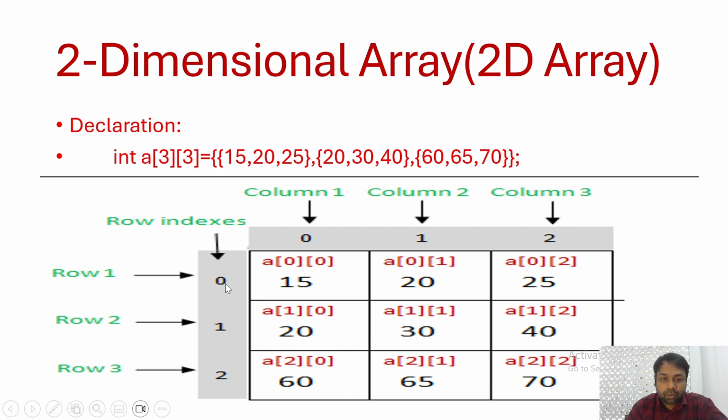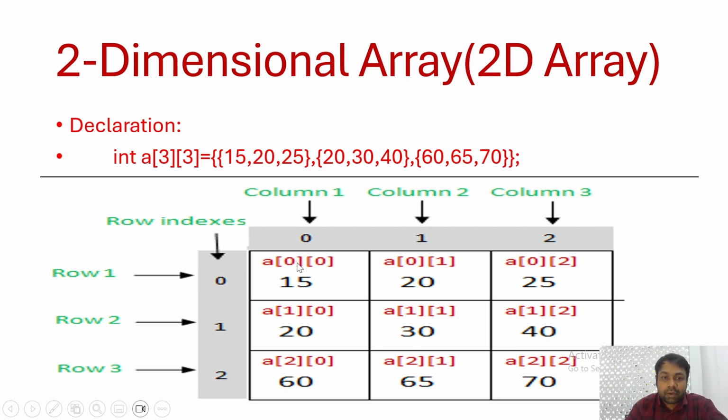The row is the first row, but we have to start with 0. That's why the next row, the second row, starts from 1. So 1 0, 1 1, 1 2, 2 0, 2 1, 2 2.